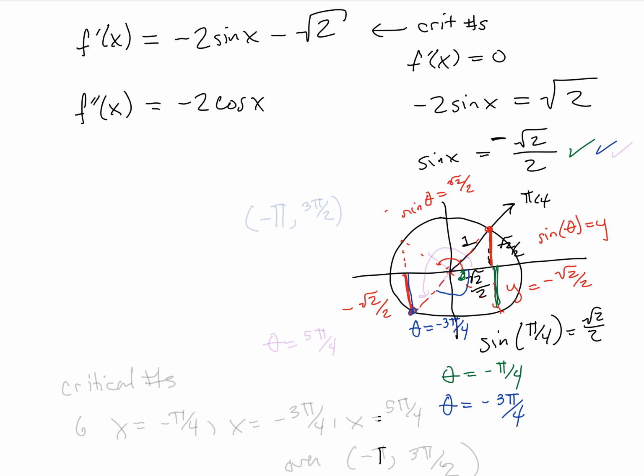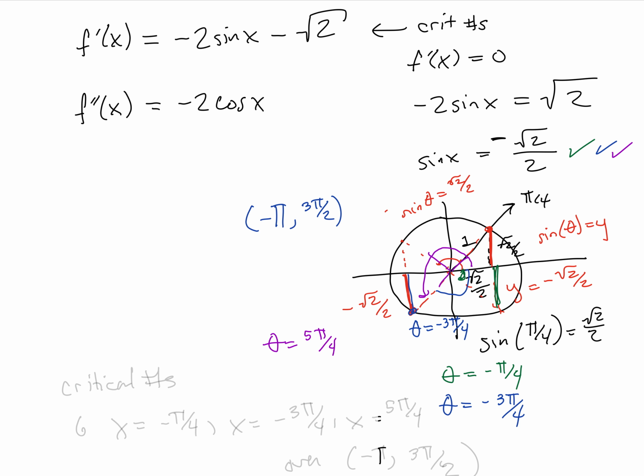And let's see, we were over the interval from negative pi to 3 pi over 2. Is there anything else that fits in that? Yeah, we could also go around the unit circle the other way. If we go in the positive direction, this is pi over 4, 3 pi over 4, 5 pi over 4. So theta equals 5 pi over 4 is one more value that is a solution to that equation.